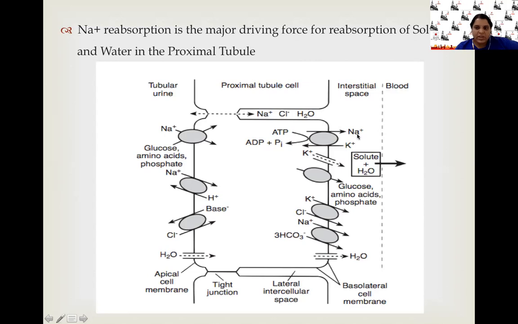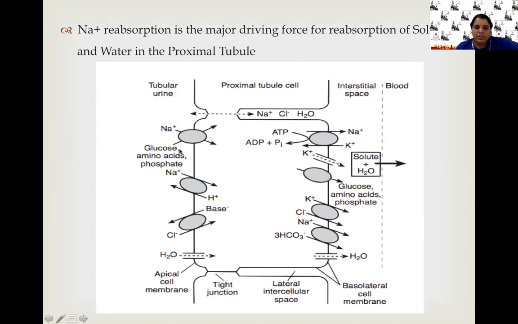This sodium which exits the cell gets absorbed into the capillaries and then into the blood. The Na+/K+ ATPase exchanges sodium for potassium, whereas potassium is pushed into the cell, and this potassium is pushed back into the interstitial space independently or in exchange with chlorides.